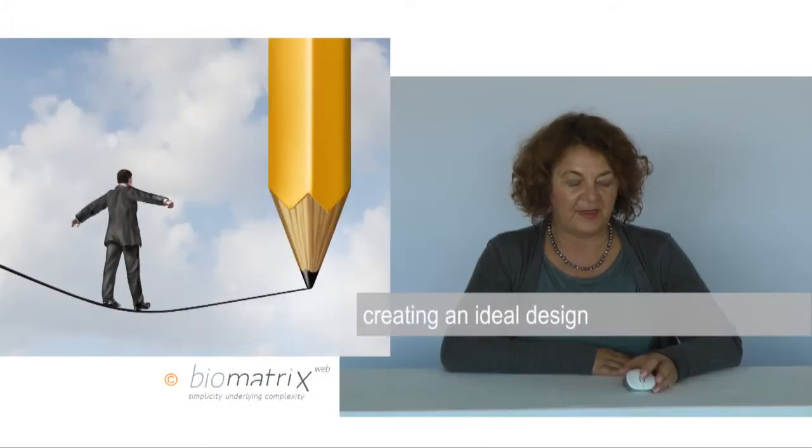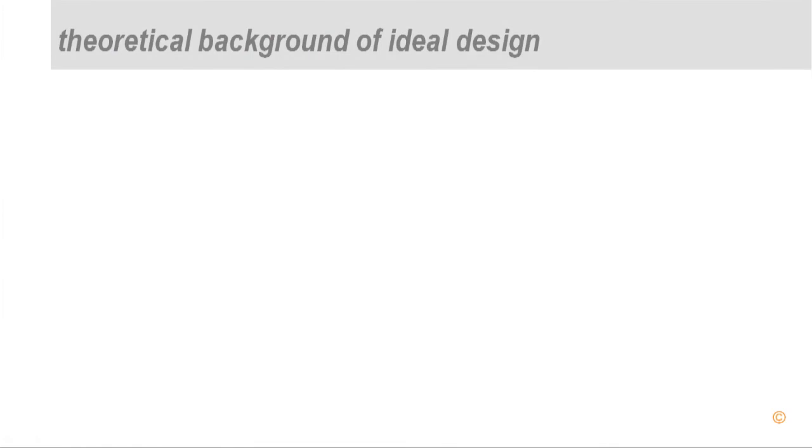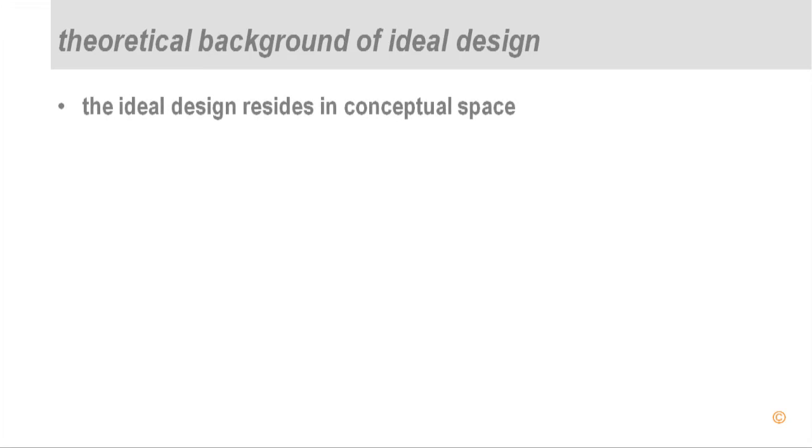Step 5 in the ideal system redesign methodology is concerned with creating the ideal design. As theoretical background, the ideal design resides in conceptual space. We have talked about the information field, which resides in conceptual space. An ideal design is part of this.